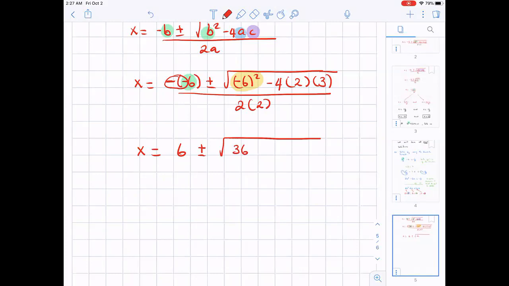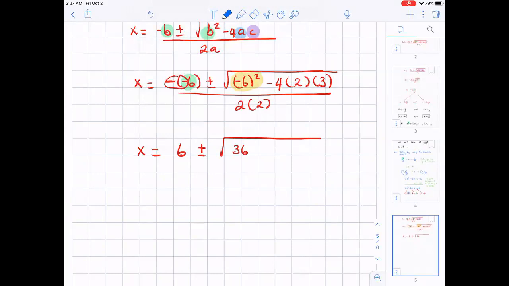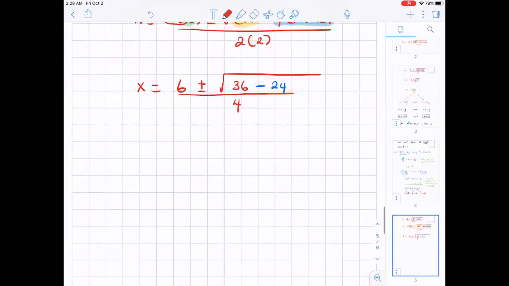And if we multiply out everything we have here, that will become minus 4 times 2 is 8, 3 times 8 is 24. All of that divided by 2 times 2, which is 4. We simplify under the square root. So x is equal to 6 plus or minus the square root of 12 over 4.